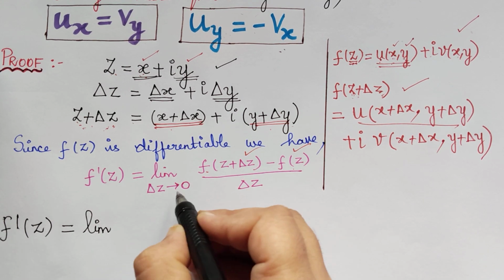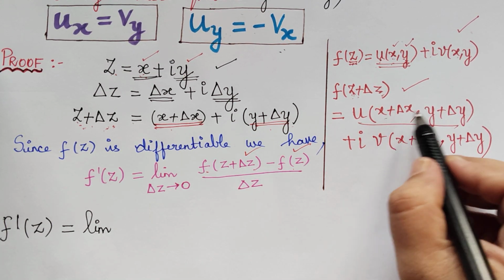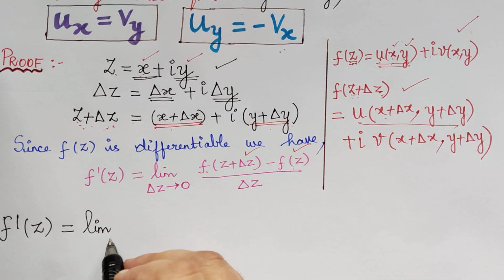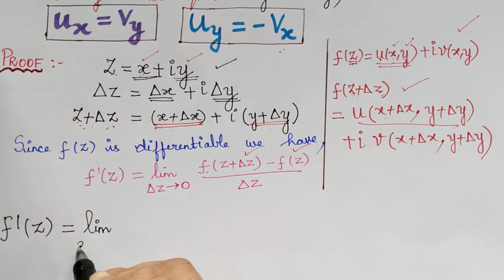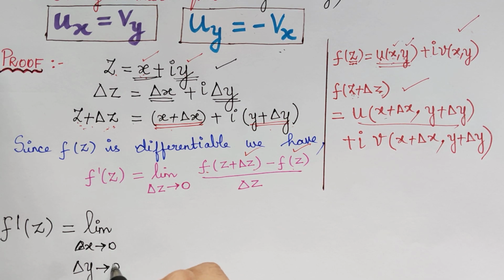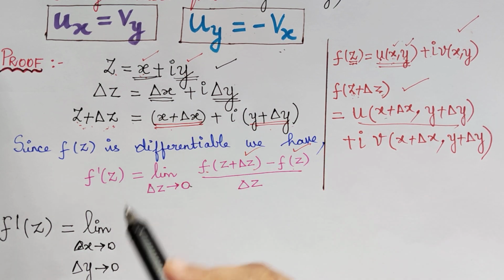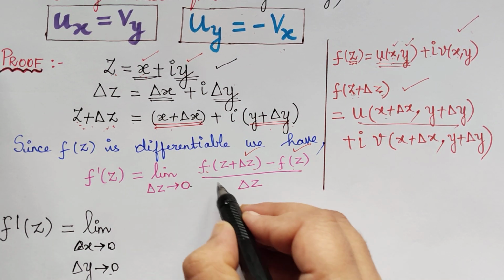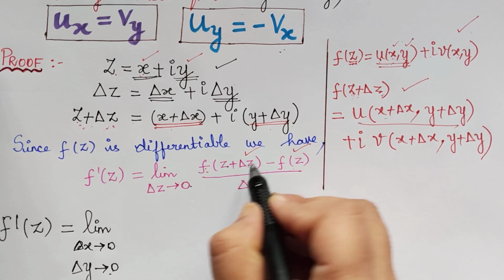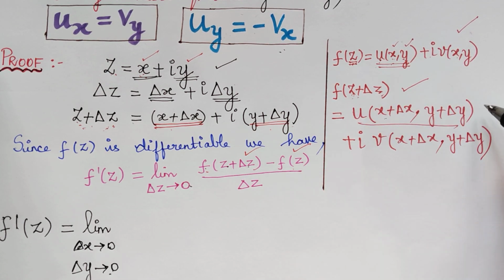Now since we are changing to x and y, in terms of x and y, the limit will also change to delta x tends to 0 and delta y tends to 0. Since delta z tends to 0, delta x will tend to 0 and delta y will tend to 0. And then we have f of z plus delta z. So let us write this one.